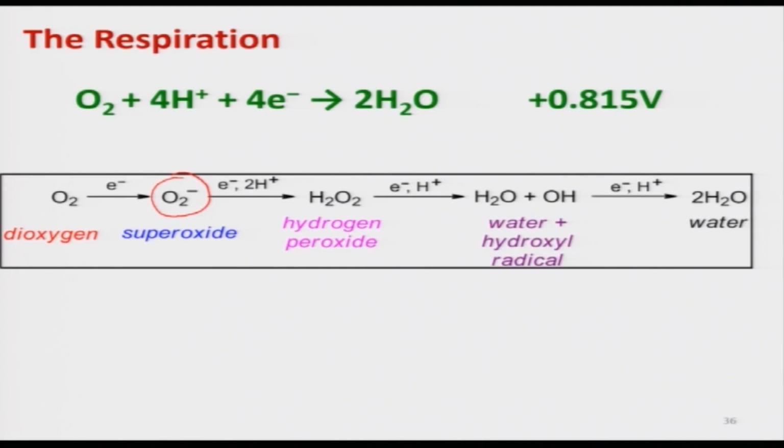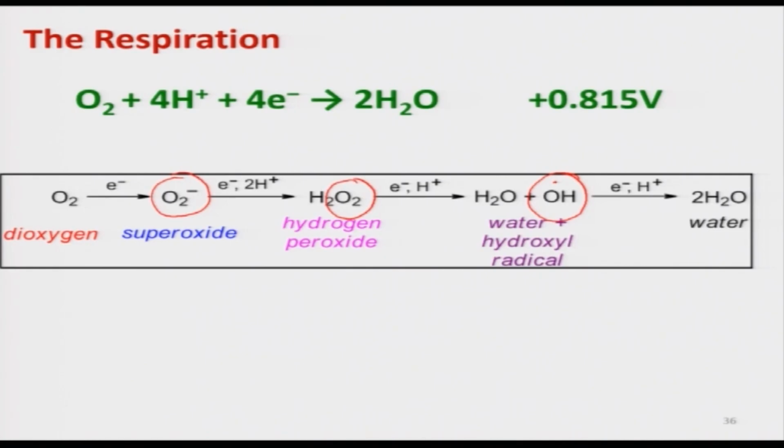Superoxide again after 1 electron reduction converts to peroxide, O2 2 minus, and O2 2 minus converts to H2O and OH radical after 1 electron reduction, and OH radical again after reduction converts to water.